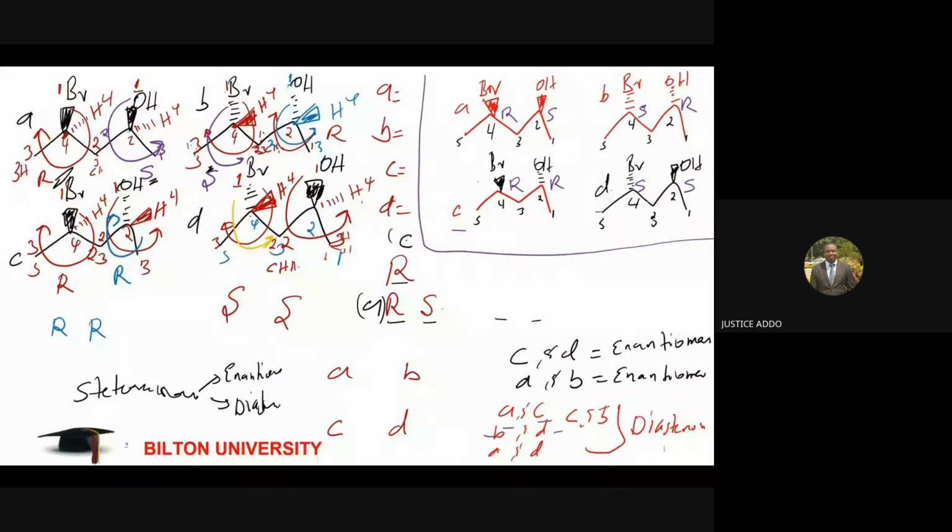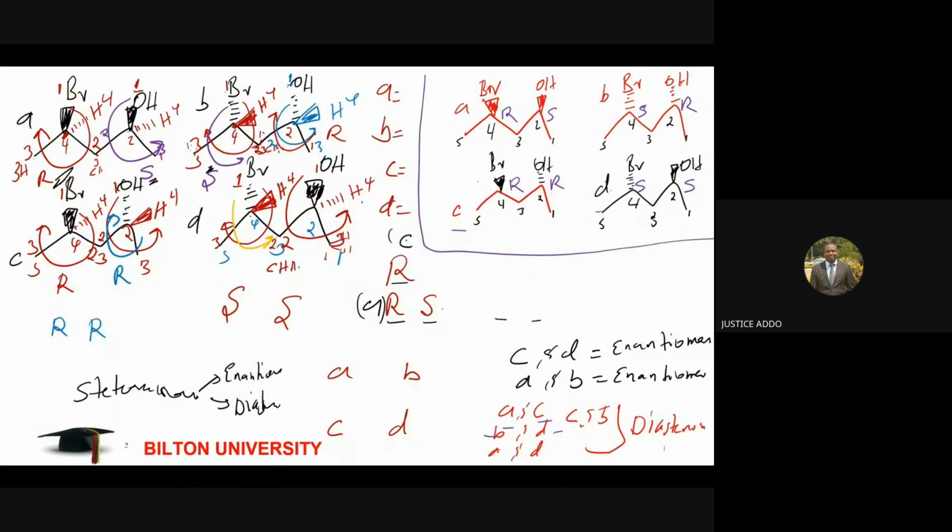Look also at A and D. Let's look at carbon number 4. Carbon number 4 is R in A and it is S in D. So there's a change of configuration. While carbon number 2 is S in A and it is S in D. So that one has not changed.